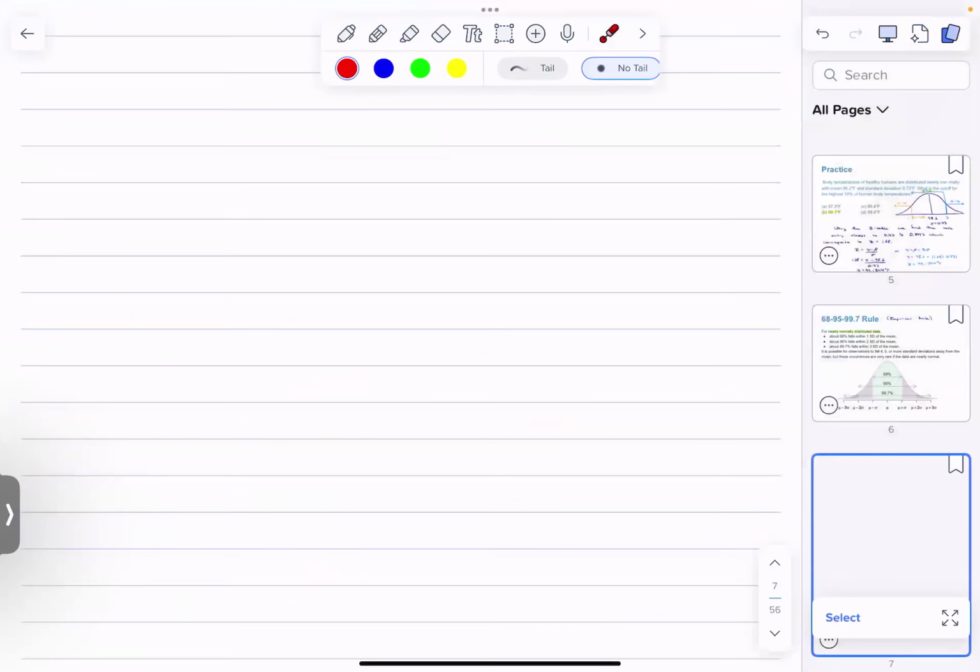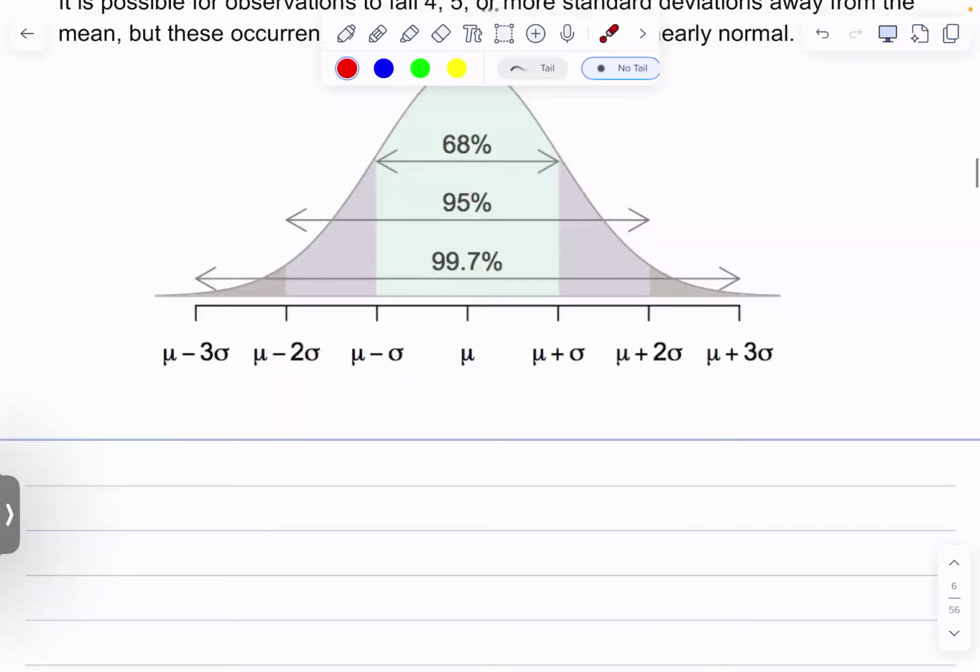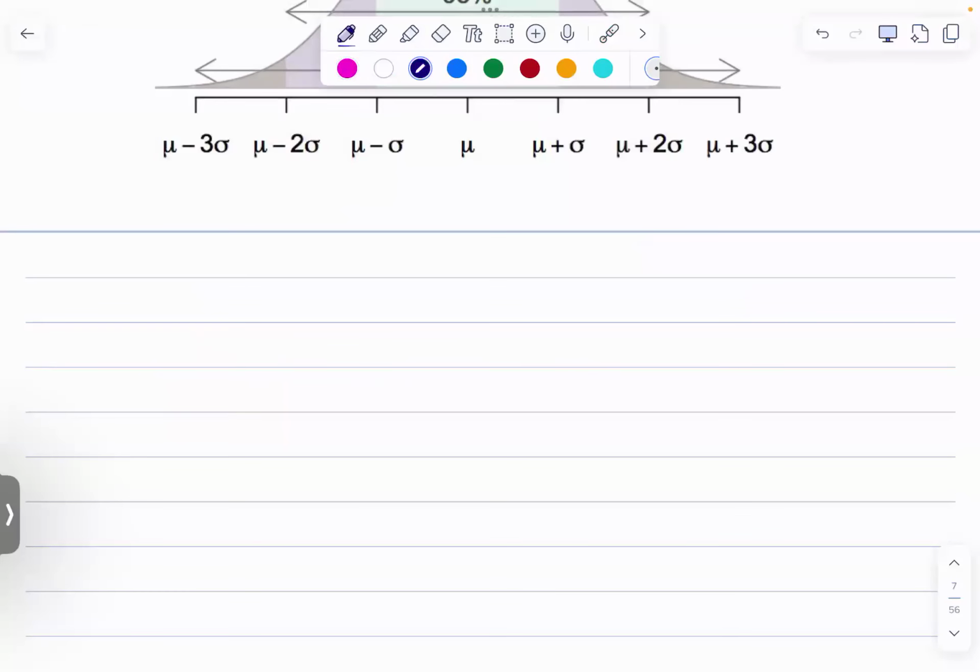I'll add a page here. All right. So our Z would look like this. And then the probability that Z is less than or equal to, we do this, don't we? Well, that's not very helpful.